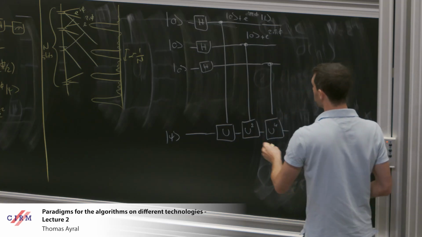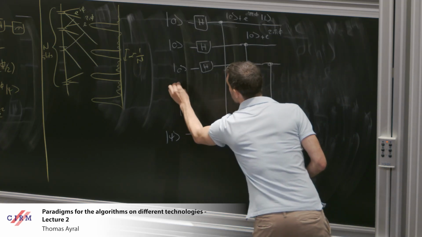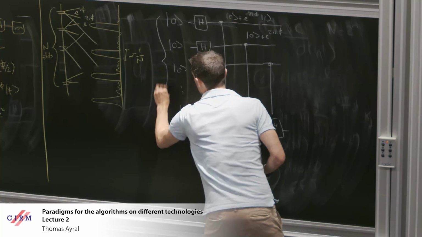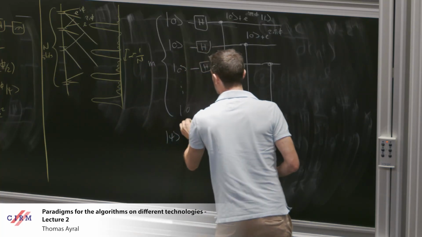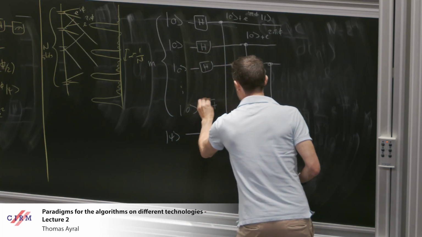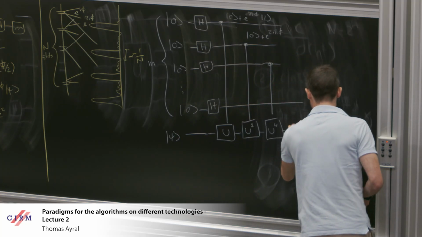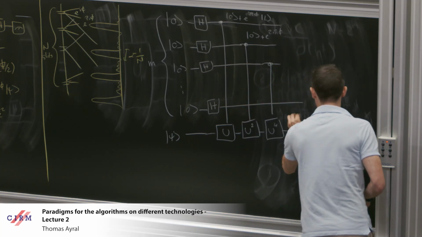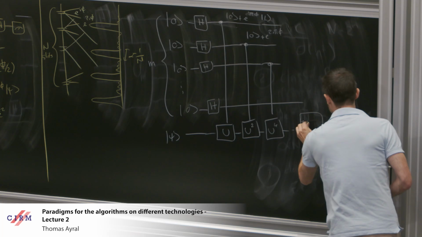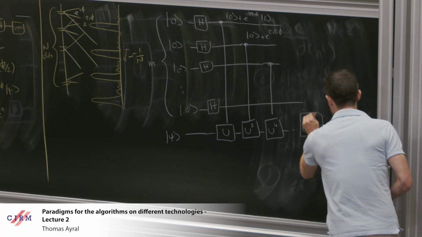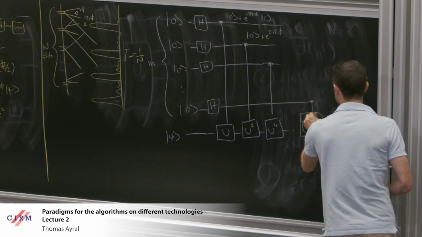So that's what I'm doing until the last. So here I have, let's say, m of these qubits. U to the 2^(m-1) here, like that.